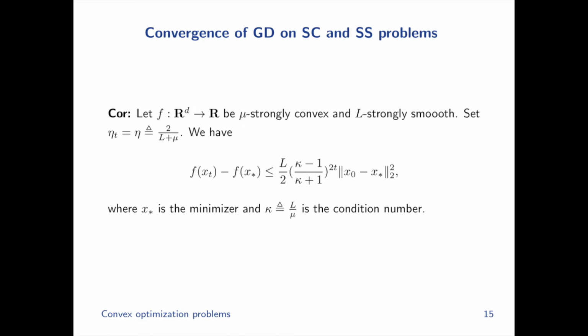The first is the quadratic function that has uniform curvature L, the strong smoothness constant, in every direction. This is the upper bound. The other is the lower bound, a quadratic function that has uniform curvature mu, the strong convexity constant, in every direction. Whatever your function is doing, it's sandwiched in between these two functions.